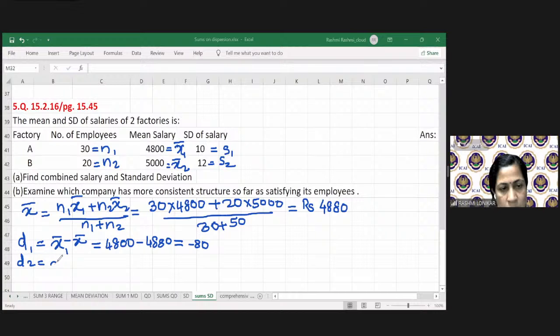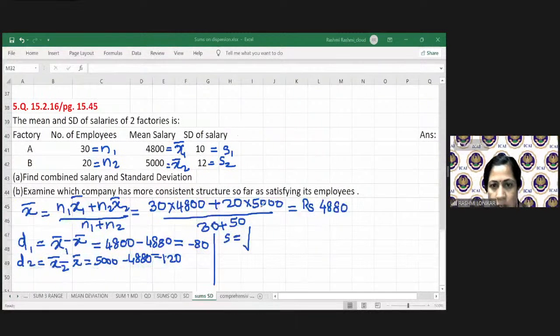D2 is equal to X2 bar minus X bar, which is 5,000 minus 4880. Answer is 120. Now I have to simply substitute. I must know the combined standard deviation formula.